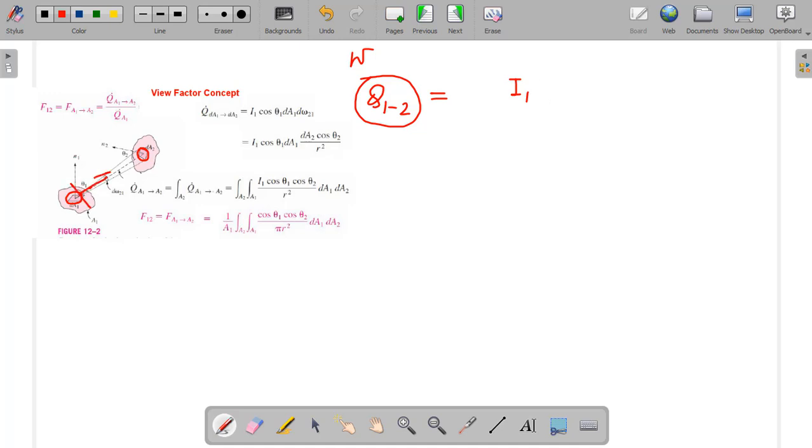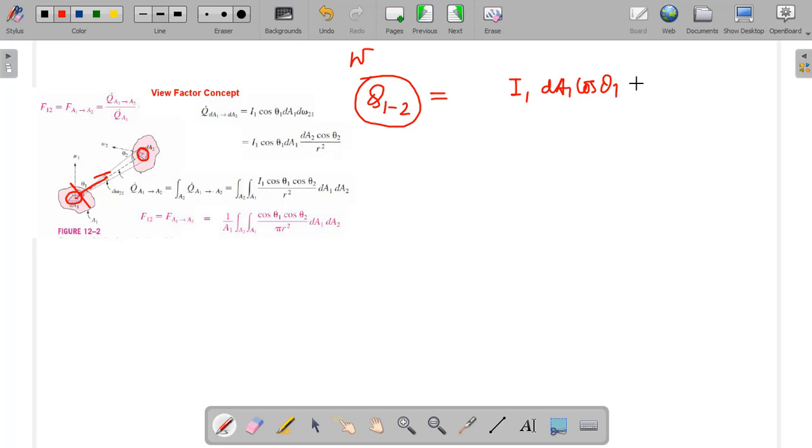That area normal to that direction is dA1 cos theta 1. After that you have to multiply by omega, that means the solid angle that 2 will make at point 1.